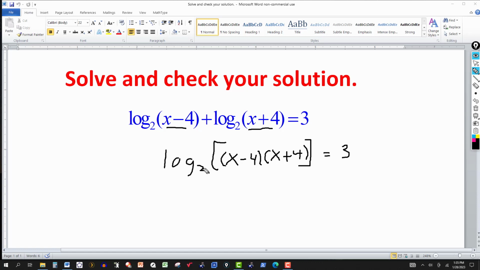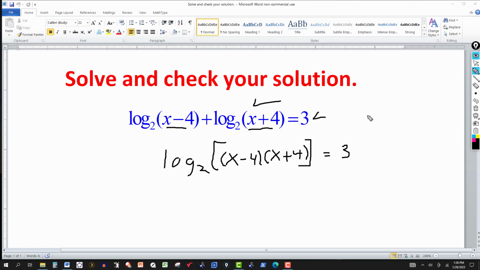Going back the other way, when you have a log of a product, you can write that as the sum of the logs of these two expressions. So the log of this product to base 2 is the same thing as this side right here, and that's our equation.